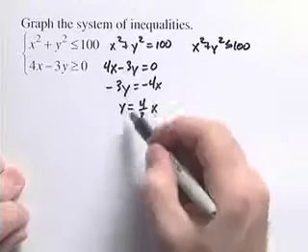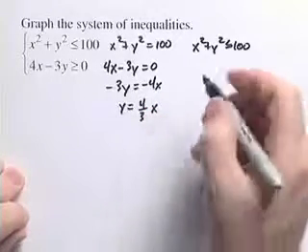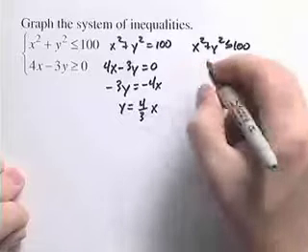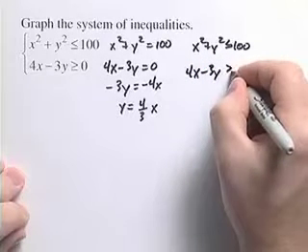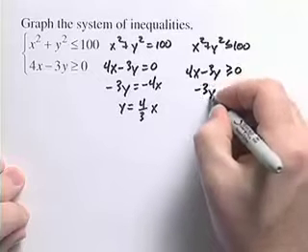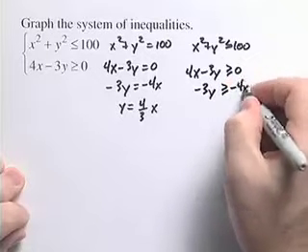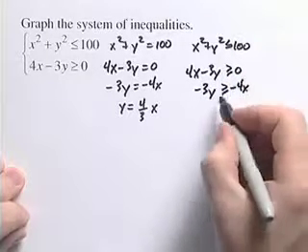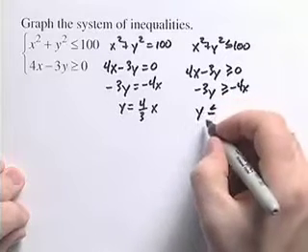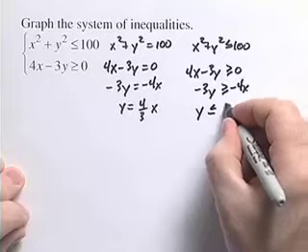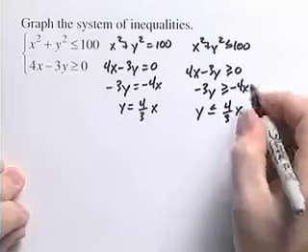And for our linear inequality, if we solve it the same way, 4x minus 3y greater than or equal to 0, negative 3y is greater than or equal to negative 4x. And if we divide both sides by negative 3, we have to switch the direction of our inequality. And so we're really looking to graph the inequality y is less than or equal to 4/3 x.